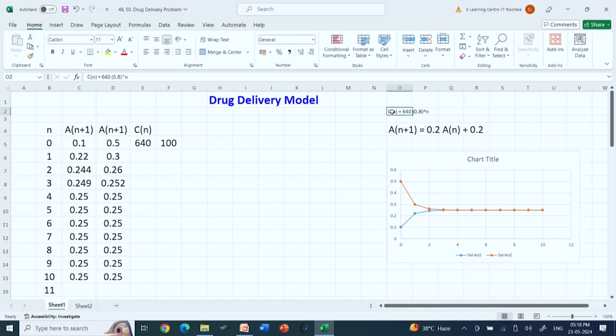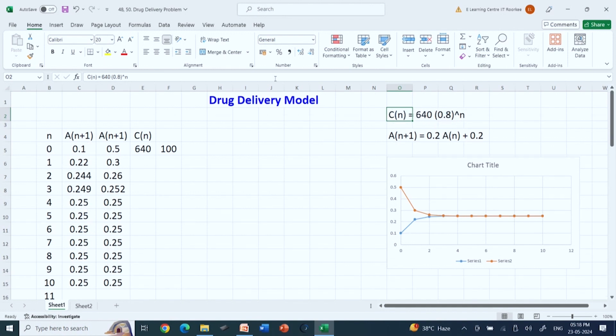This is the model which we are discussing. So, what we have to find, given that the drug concentration cannot be less than 100 mg per L, some plasma concentration, is from the graph, what is the time that will make the drug reach that 100 mg per L.